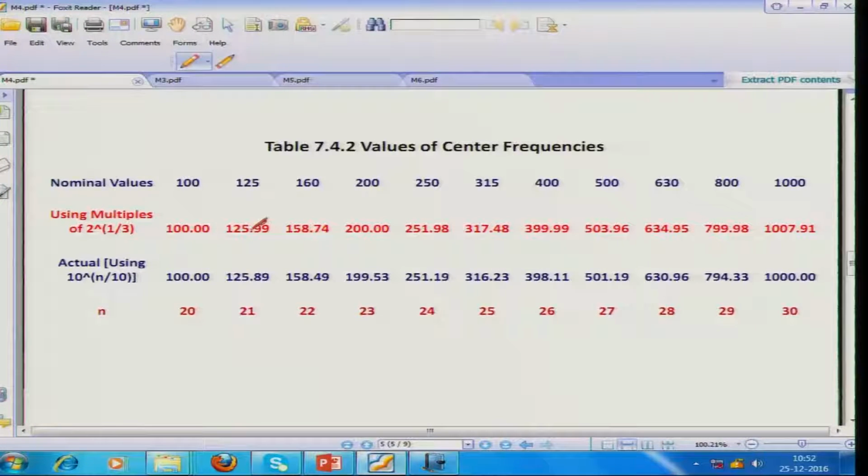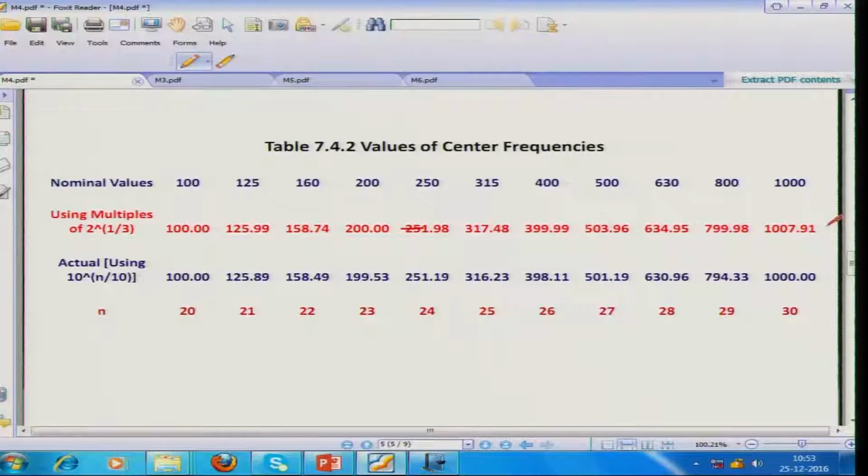The next band has a central frequency of 125.99. Then you multiply it again by 2 to the power of 1 by 3, you get 158. So, just focus on this line, do not look at other lines, you will get confused. The next 1/3 octave band has a central frequency of 200, 251.98 and so on.